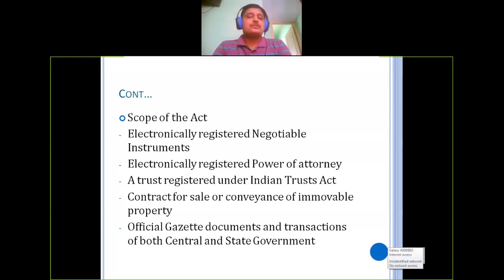And the next point is about conveyance of immovable property. Till today, we used to maintain documentation on paper, but it is almost digitalized nowadays.